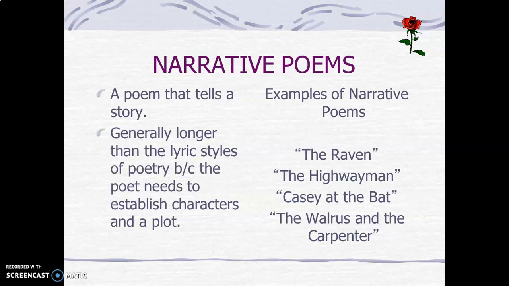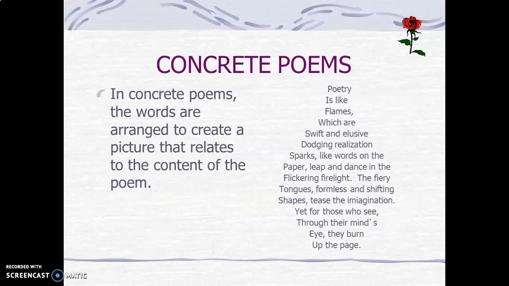Here are some examples of narrative poems. Okay. We have a concrete poem, a poem that takes the shape of the subject the author is describing or talking about. In concrete poems, the words are arranged to create a picture that relates to the content of the poem.